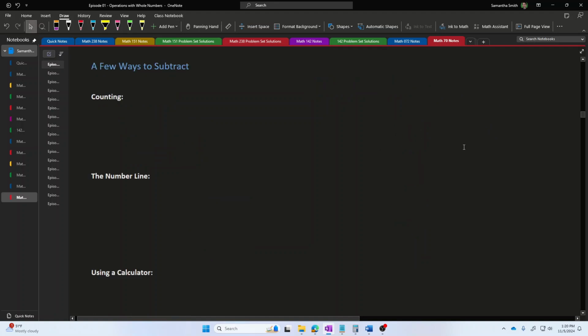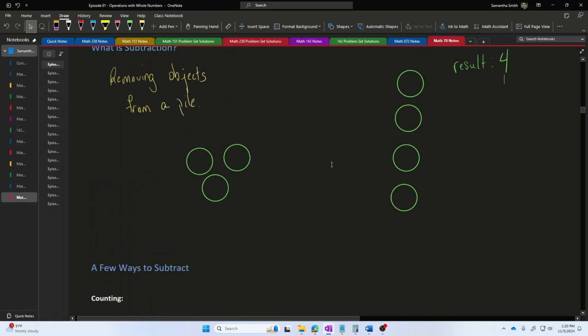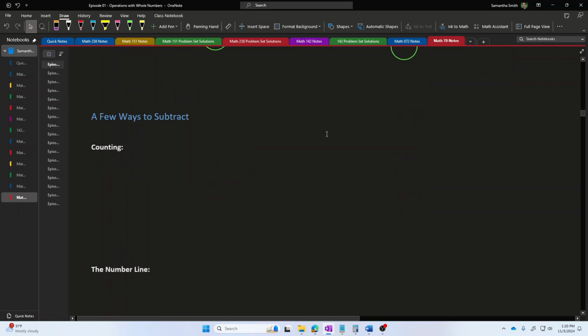Now, there are a couple of different ways to subtract objects, and the first way is just to use a counting technique similar to what we did here. If, for example, someone asked me to subtract 4 units from 6 units, I would start with a pile of 6 objects.